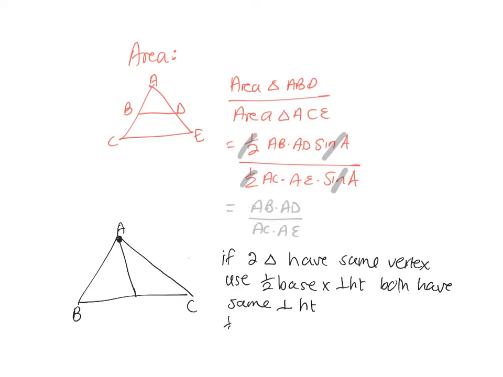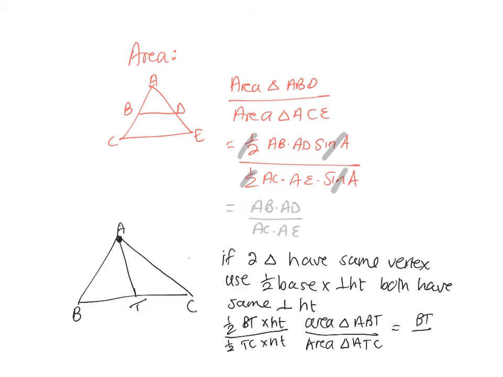So you would say half, let's call that T, half BT, the base, times height over half TC times height, and the area of triangle ABT over the area of triangle ATC is going to be BT over TC.